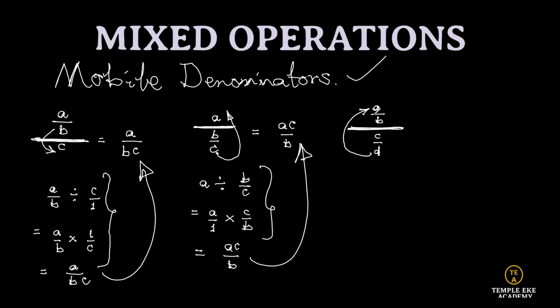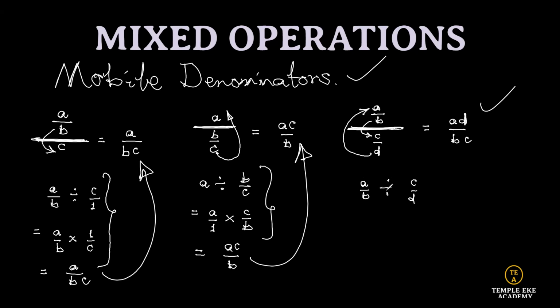The denominator above the division bar, we sink to join the numerator underneath. In one stroke, the answer can be written. So D moves upstairs to join A, we have AD. B sinks downstairs to join C, we have BC. In one stroke, and we avoid the long writing.